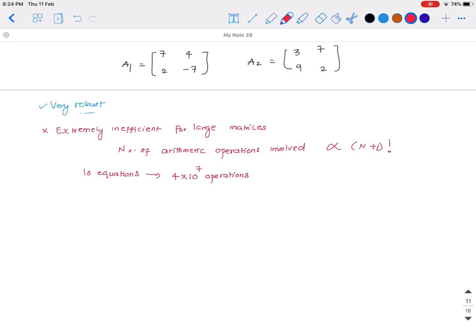Assume that you have a laptop of 1 gigaflop. For such a laptop, you can solve this within a fraction of a second.